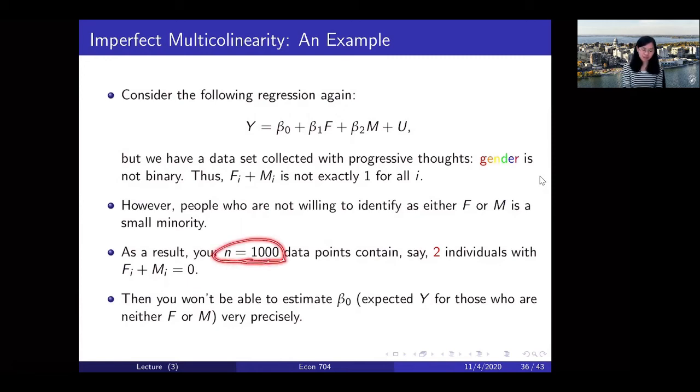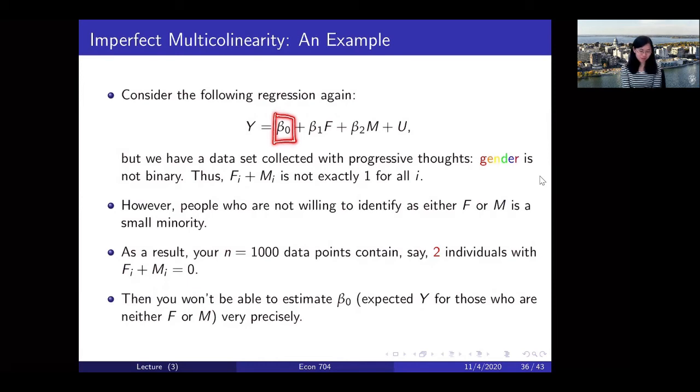In your data set of 1,000 individuals, you have only 2 who are non-binary, for whom Fi plus Mi is not 1, but 0. In that case, you can still run the ordinary least square regression. You can still calculate the ordinary least square estimator. However, you won't be able to estimate beta 0 very accurately.